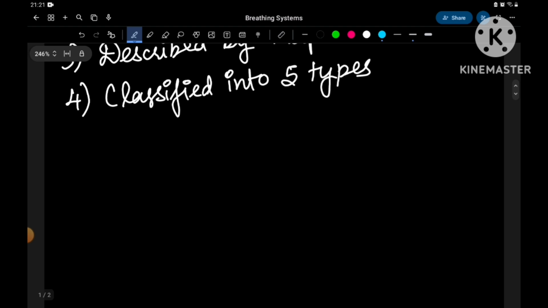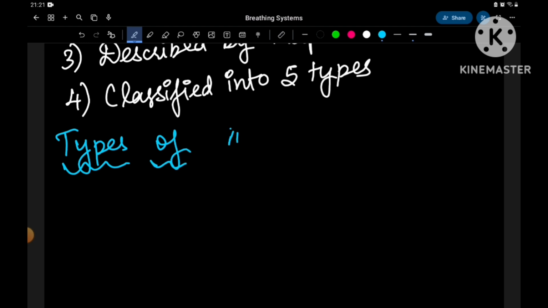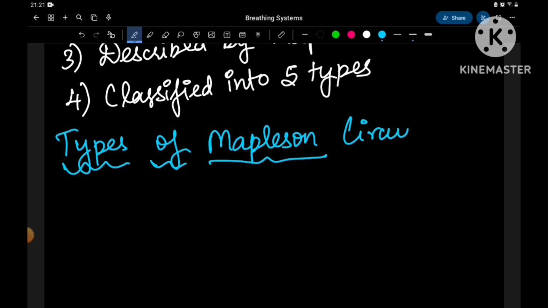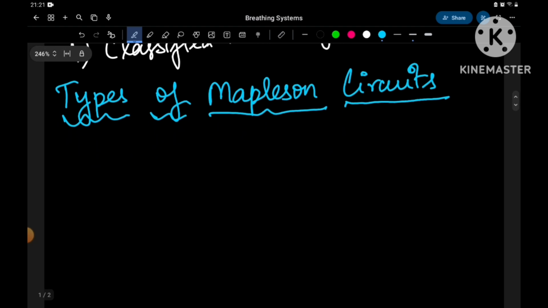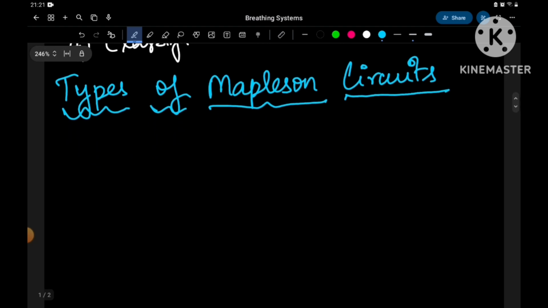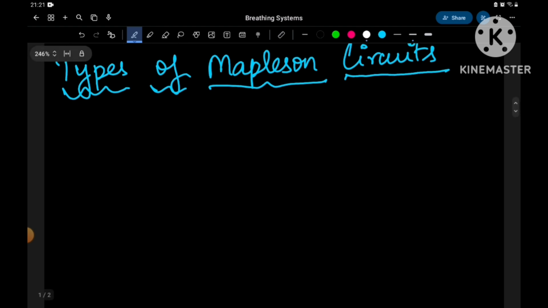Okay, so types of Mapleson circuits. Right. Okay, so let's draw it. Let's draw each diagram. Okay, so first, I'll just explain after drawing.